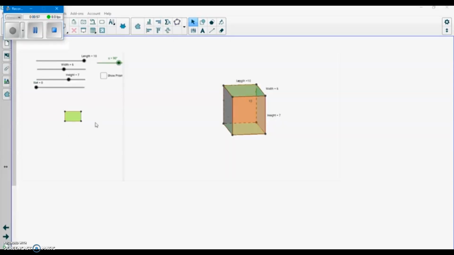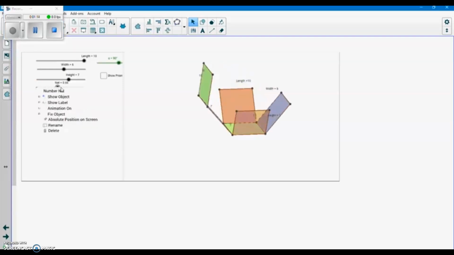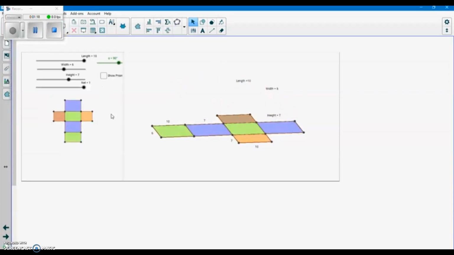If you look here, you'll see this is the overhead view. Notice when you look here, all you see is this green rectangle that's on top. This would be 6, this would be 10. Okay, they also rotate. But here we go, watch, as I show you the net. Watch it unfold. See how it unfolded?